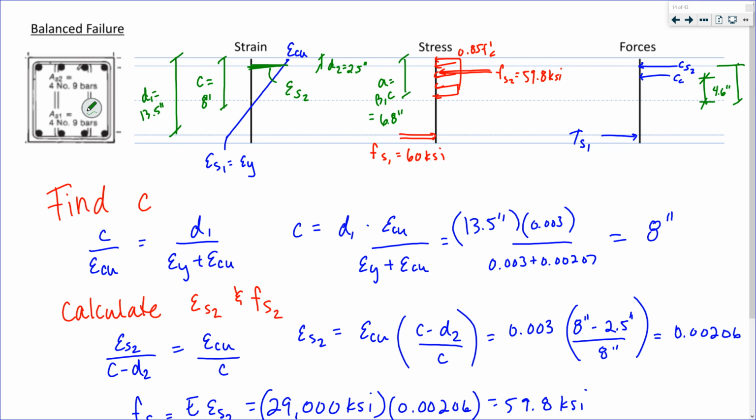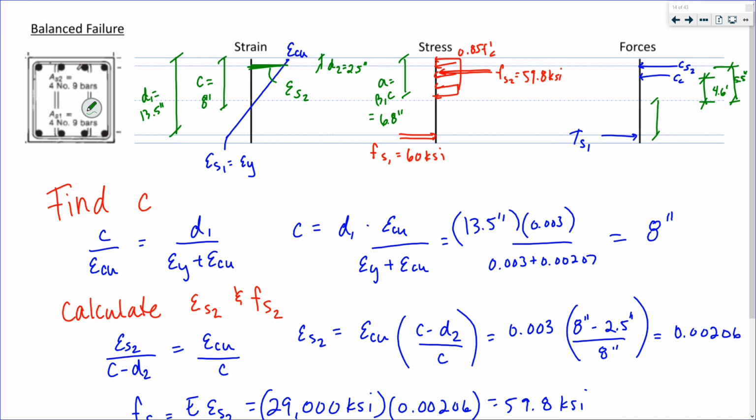C sub S2 hasn't moved, 5.5 inches. Yeah, you'll see the only thing that moves is where the concrete force is, right? Makes sense.